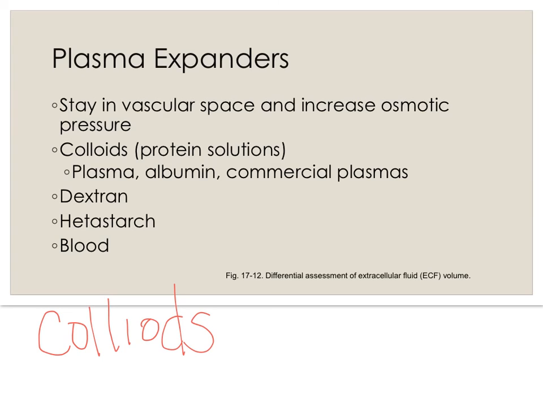Plasma expanders are called colloids. Examples of colloids are listed in your book as well as on this slide. For instance, one not listed here that's commonly given is albumin. It comes in a couple of different concentrations. Dextran, hetastarch, and blood are all considered colloids or plasma expanders.